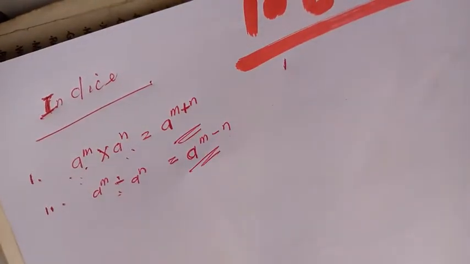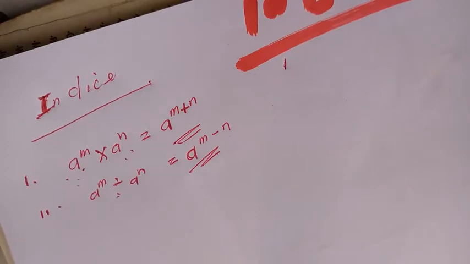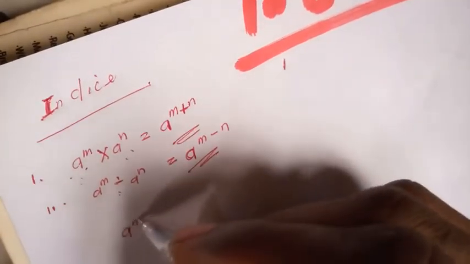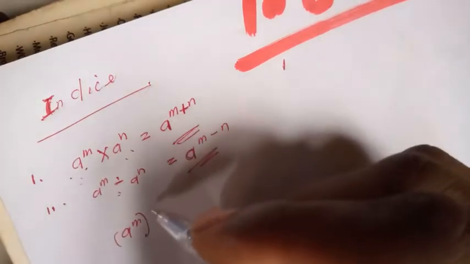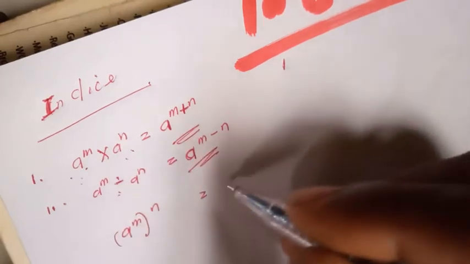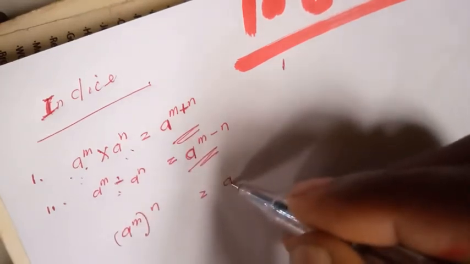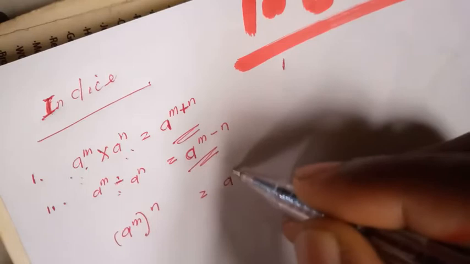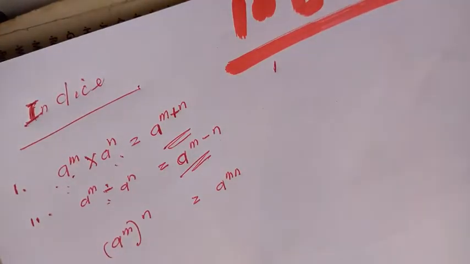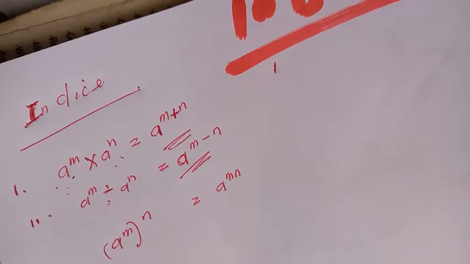Then another one: if you have a to the power m, open bracket, to the power n, it is simply a to the power mn. That's how to open the bracket. Just multiply it directly without changing the base.